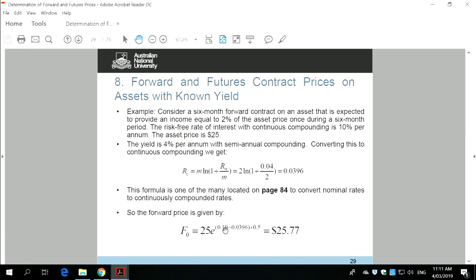Then remember what I mentioned: that dividend yield, or income yield, helps you to reduce the cost of borrowing. So that's why it's 25 multiplied by e raised to the power of 10% minus 3.96%, multiplied by half a year, 0.5. So that is the forward price on that security.